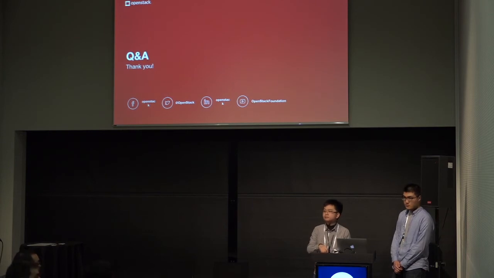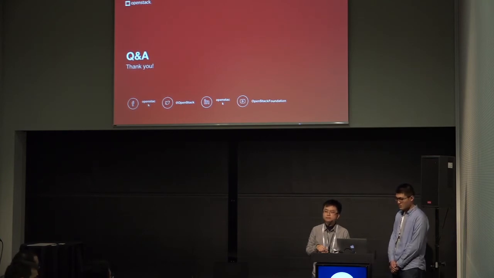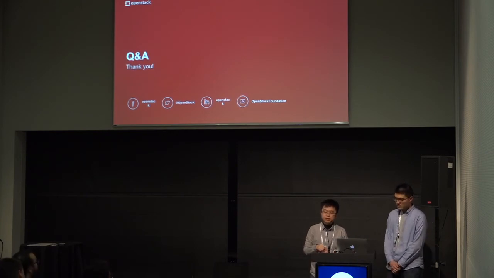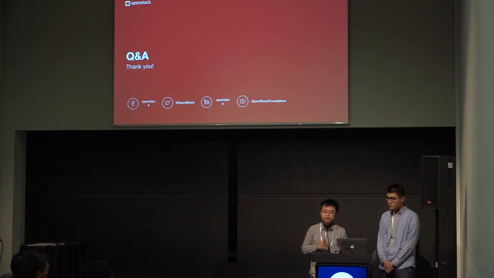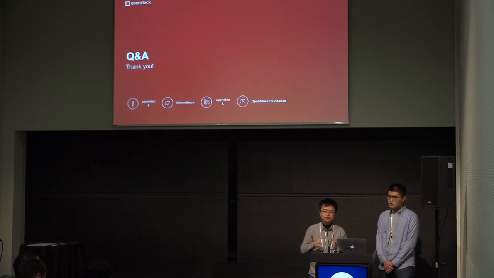Thanks for the presentation. You talked about the integration between Zun and Kata containers. Can you explain a little bit? Right now we are using Docker, using the Docker APIs. Kata container is not a replacement for Docker. It's a runtime in Docker.